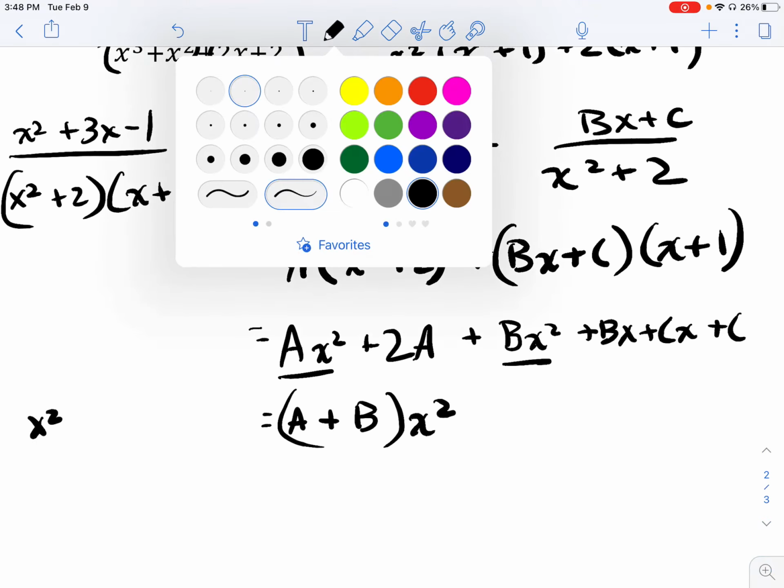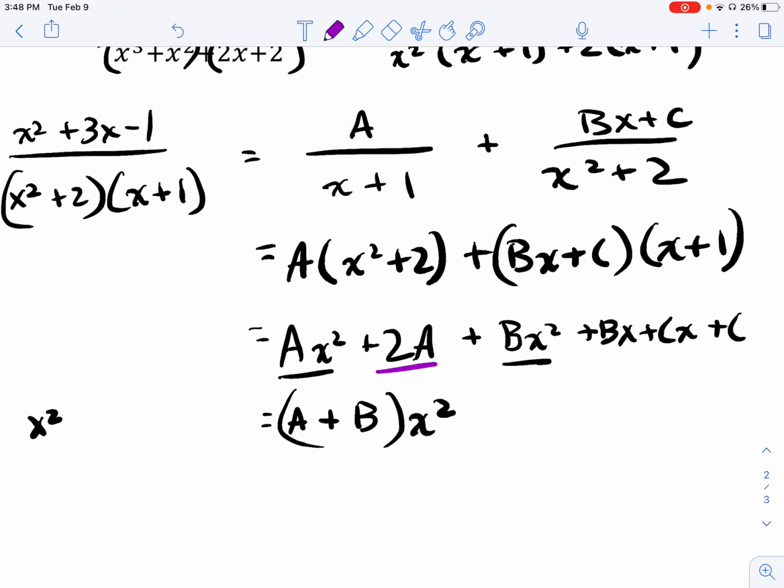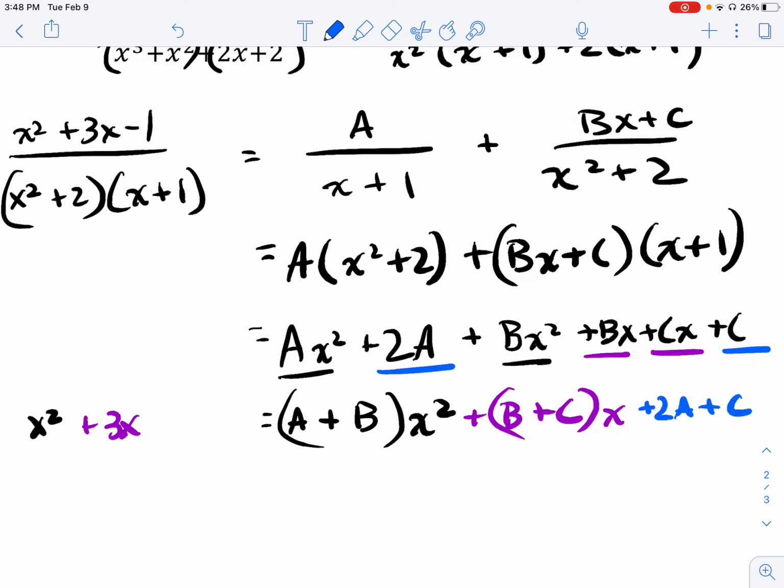We know, let me do a different color here, let's not jump to the 2a just yet. bx plus cx, or b plus c times the quantity x, has to be equal to 3x. And then finally, these constants, 2a and c, have to be equal to -1.